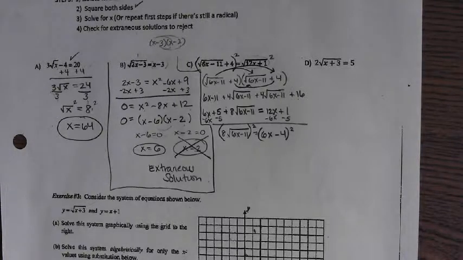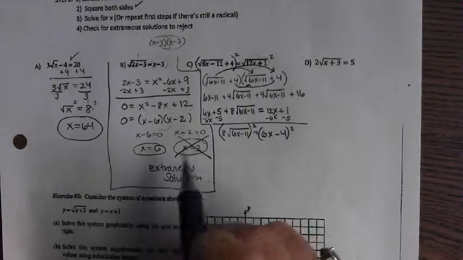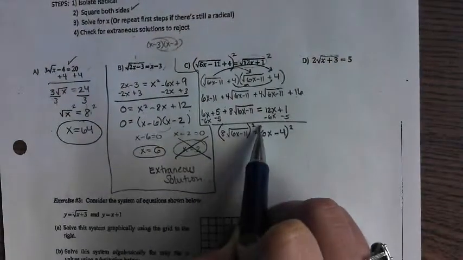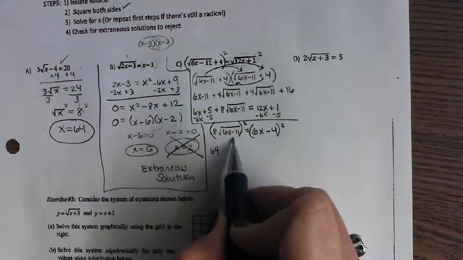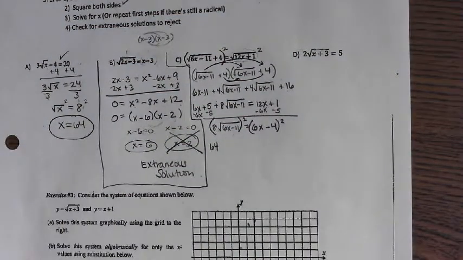The issue is, on the left, just be careful of this. You have to square the 8. What's 8 squared? 64. And you have to square the radical, which is just going to leave 6x minus 11, right? It's going to be 64 times 6x minus 11.